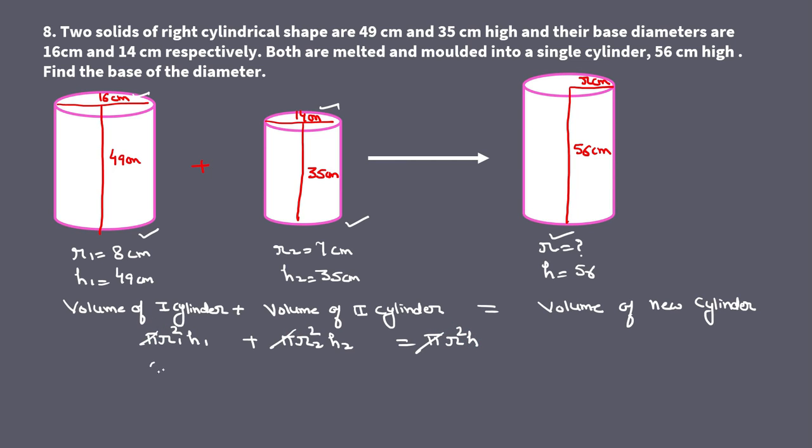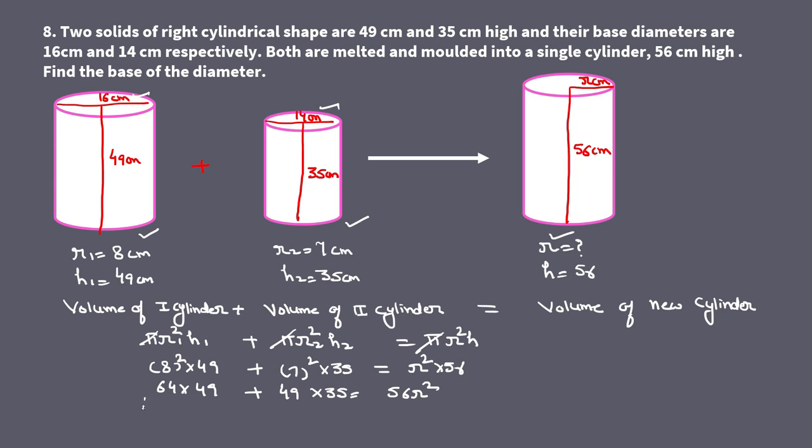Now substituting the values, 8 square into 49 plus 7 square into 35 is equal to R square into 56. So 64 into 49 plus 49 into 35 is equal to 56 R square.